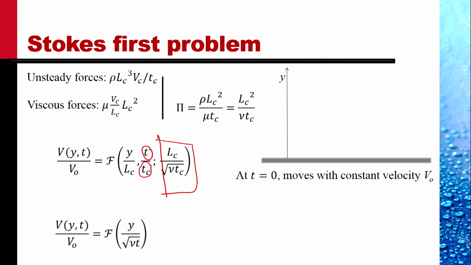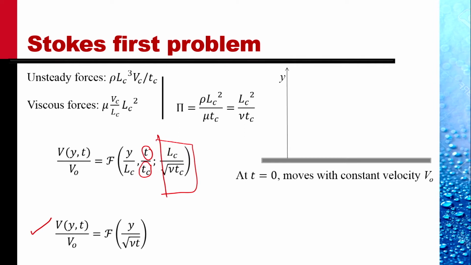And so this functional equation reduces to V of y, t divided by V naught is a function of y divided by the square root of nu t.